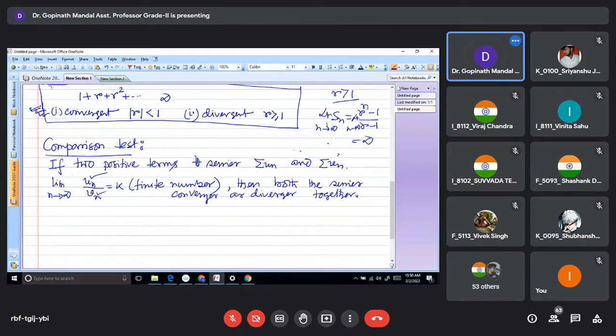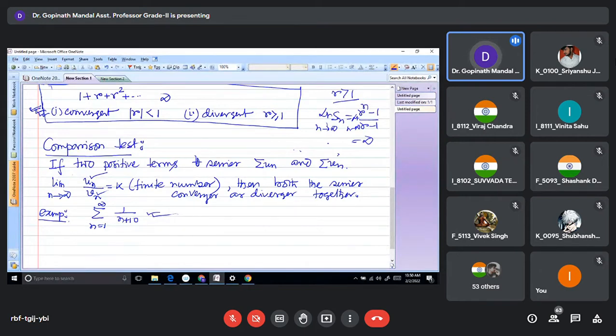Example. Test this series for convergence or divergence.